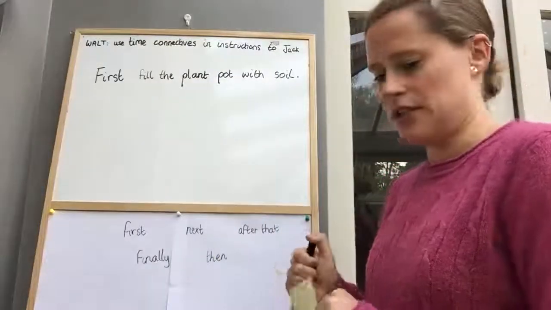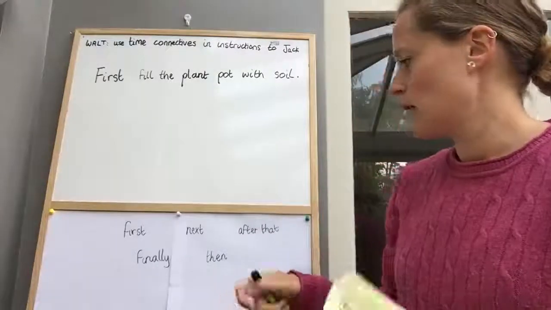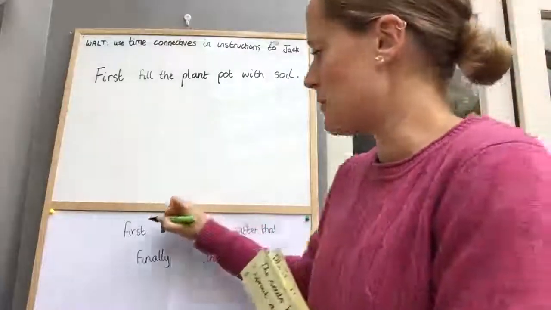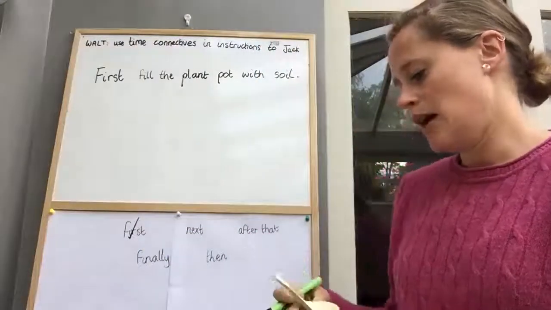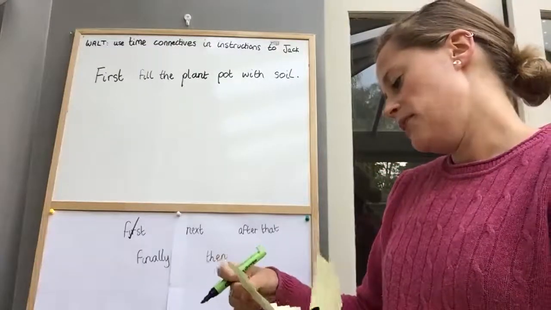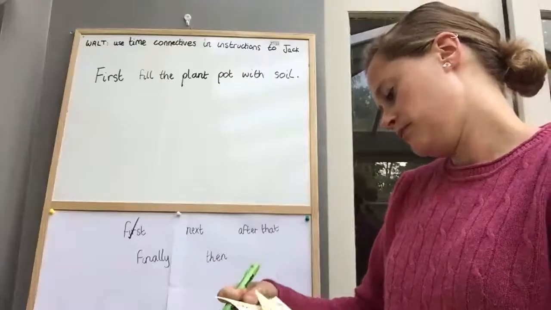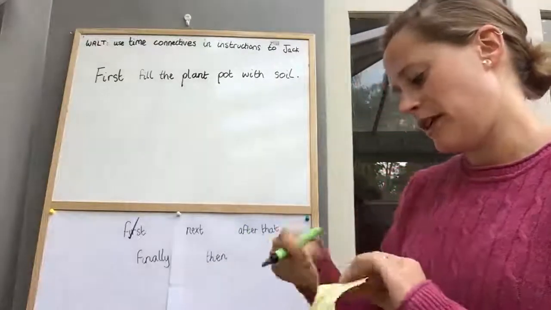What do we need to do for our next instruction? Maybe we could tick these off as we go along. I could say, yep, I have done first. What happened after that? We need to put our seeds in, don't we? Found it.